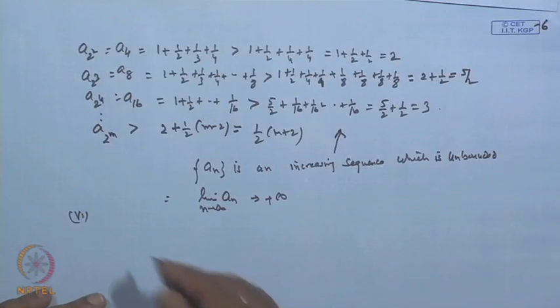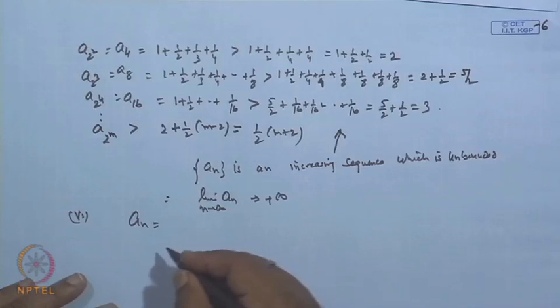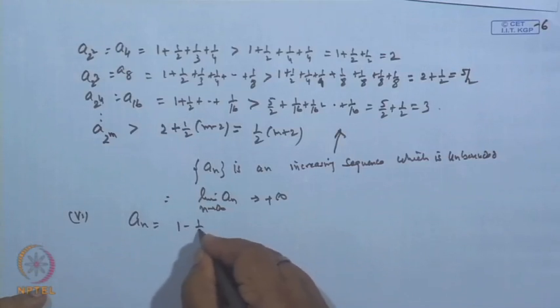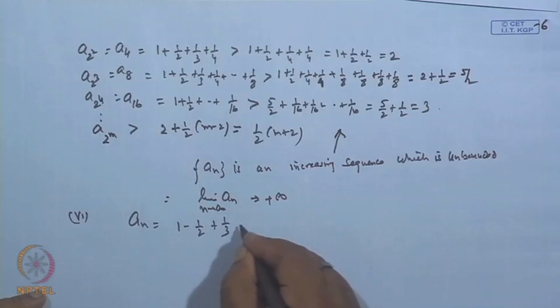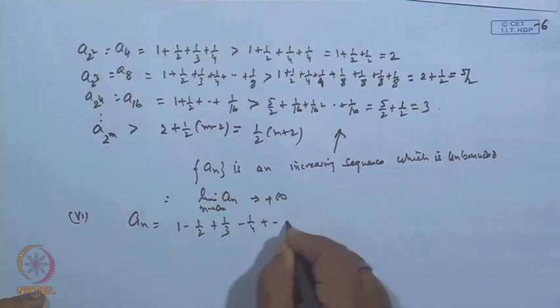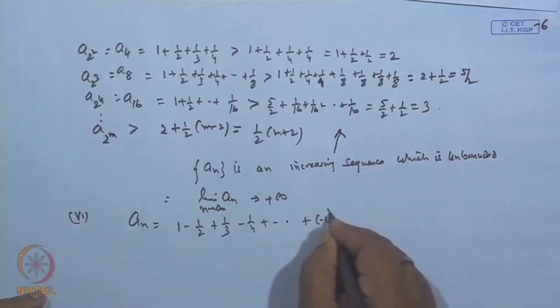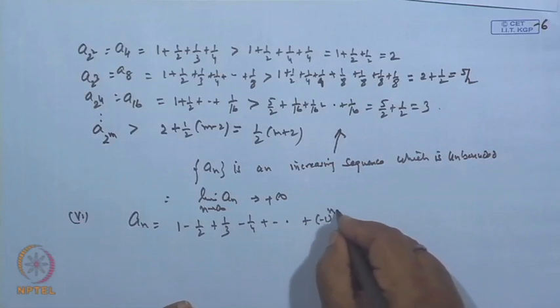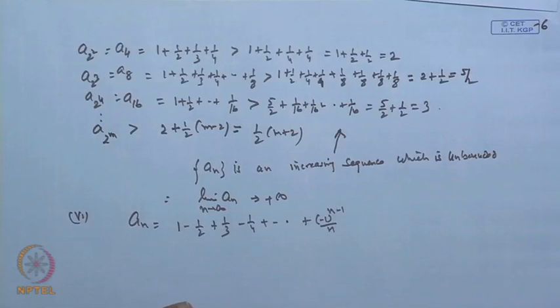Now, next is suppose we have a sequence A n is 1 minus half plus 1/3 minus 1 by 4 and so on, plus minus 1 to the power n minus 1 by n. Alternate positive negative terms. We claim this sequence converges. Alternate positive negative terms, this will converge. How?